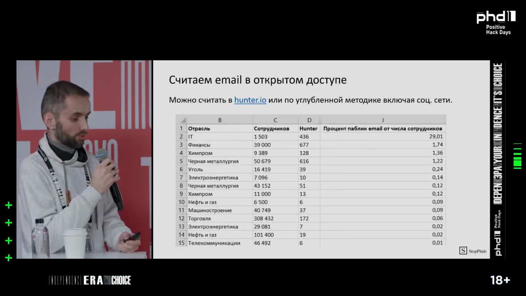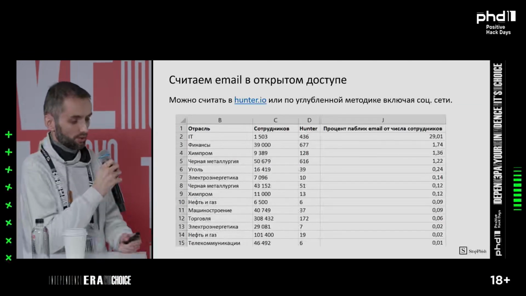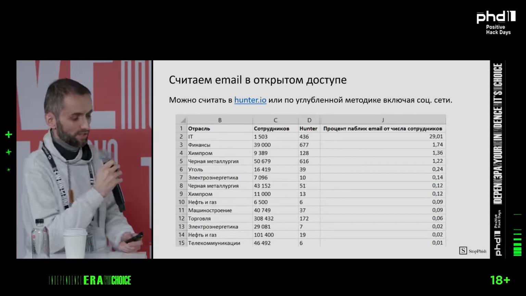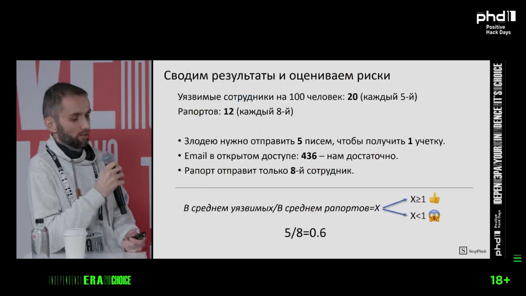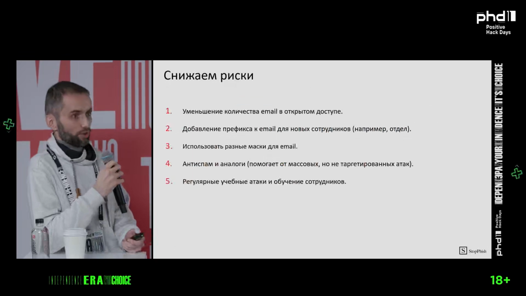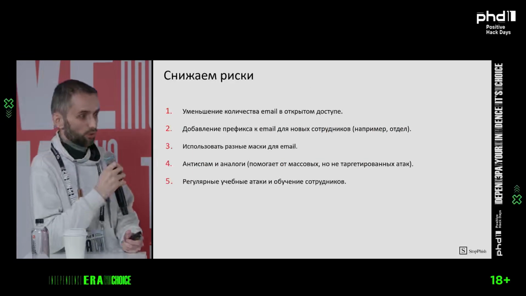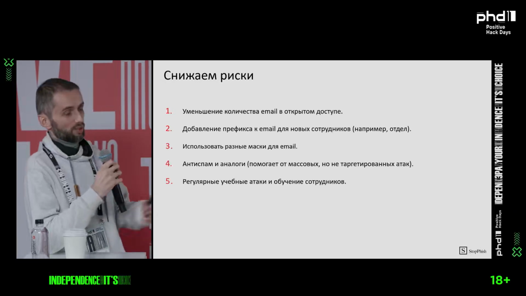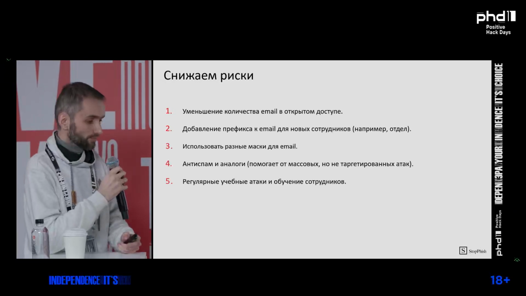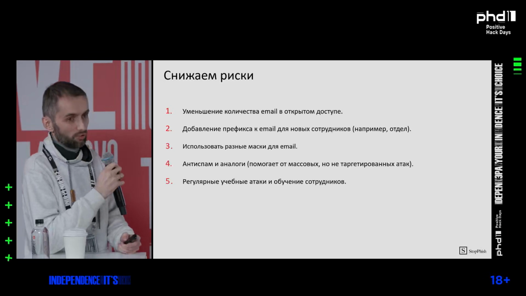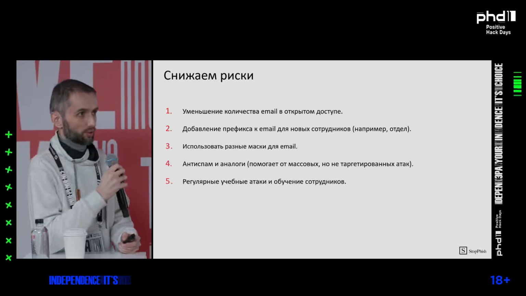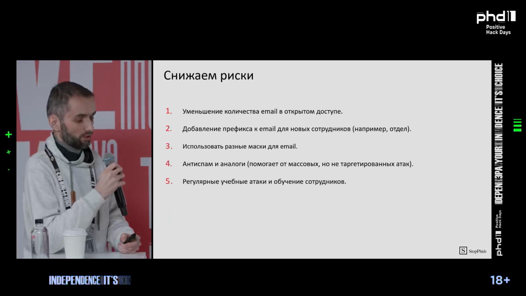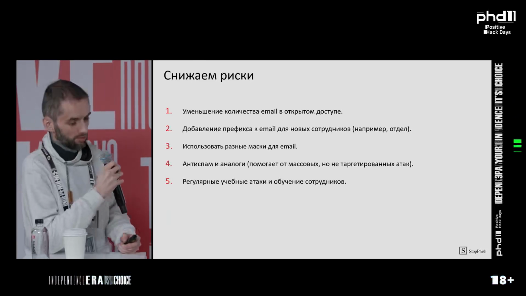Not everyone actually has such a bad situation. You have organizations with 6 or 7 emails published. And if the number of people who click on the phishing links is low, then usually the actors will choose another target. It's quite easy to reduce the amount of emails, of course.